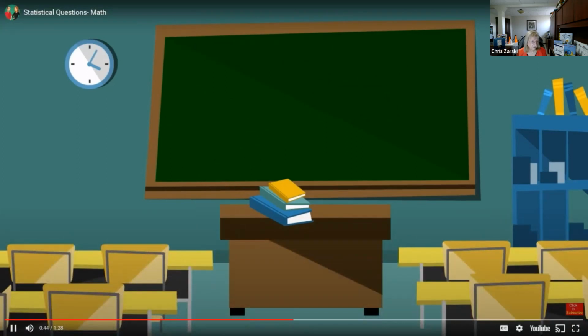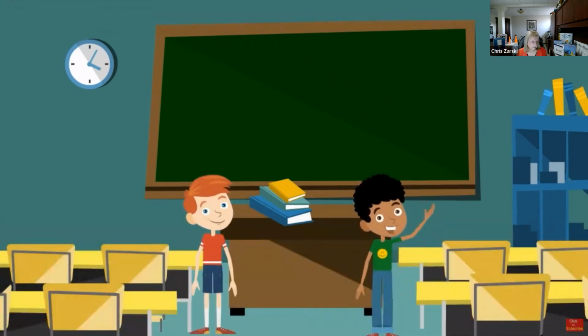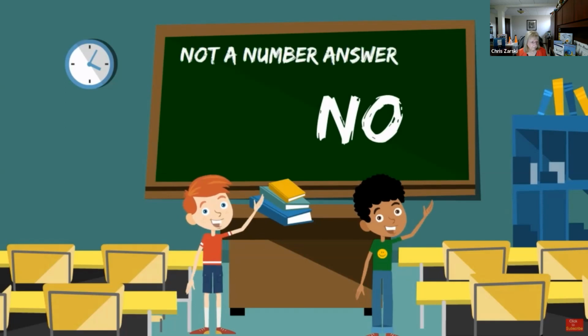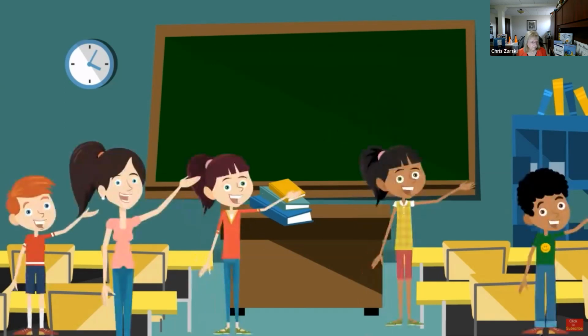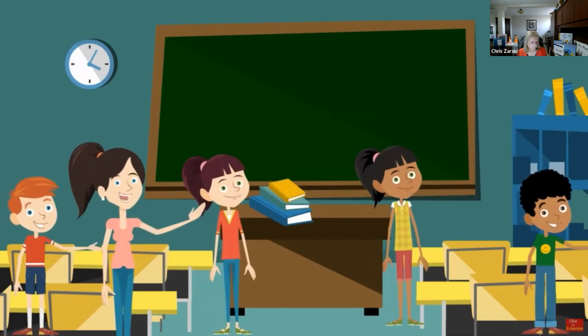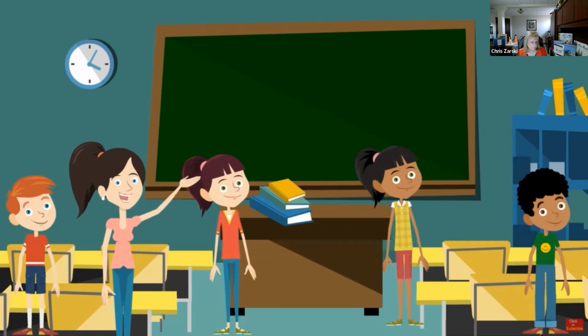Next question, who earned a better grade, Frank or Grant? Is this a statistical question? No, it is not, because it is not a number answer. And finally, what grades did everyone in second period math earn on the test? Is this a statistical question?